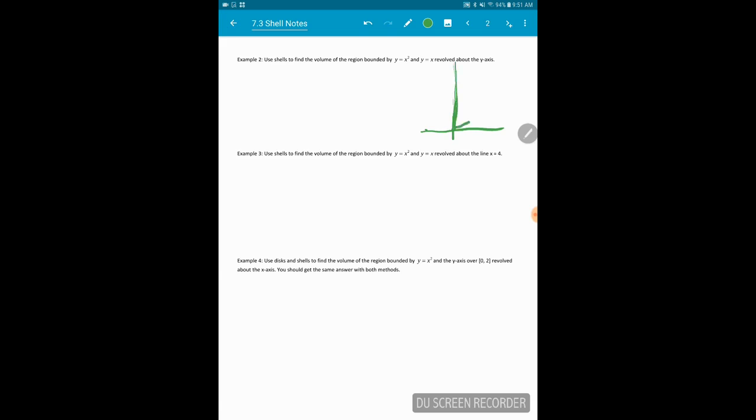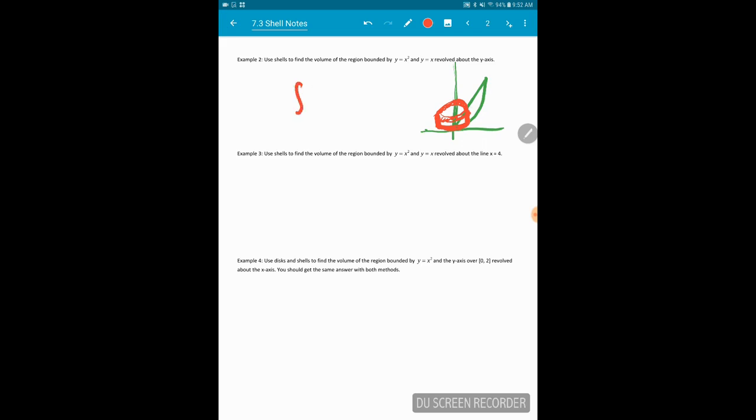So if I have y equals x squared, y equals x, and then I revolve this around the y-axis, each of these rectangles is going to get revolved around, and I form these little shells, these cylinder shells, and that continues to go around for each individual one.